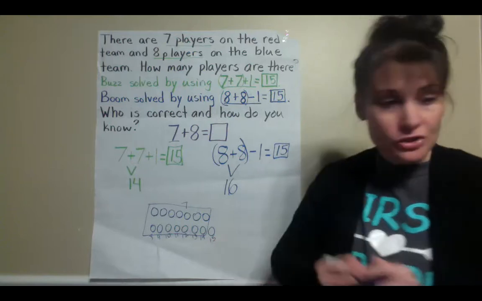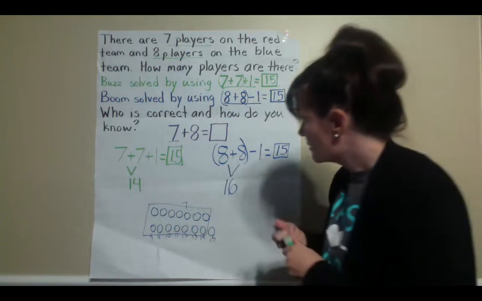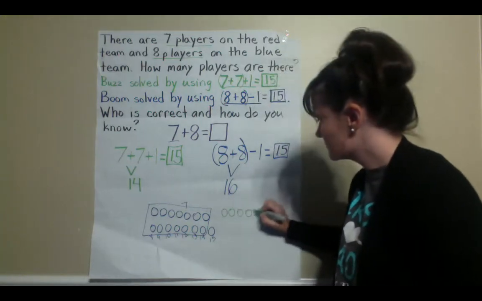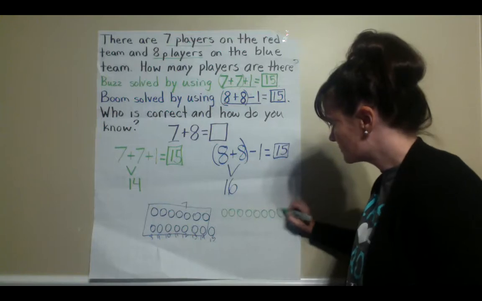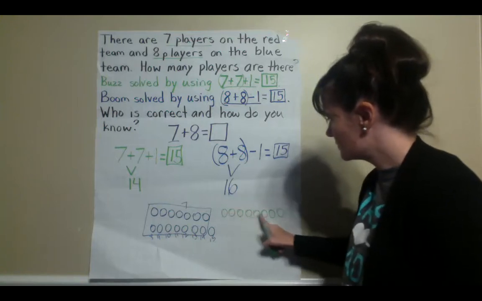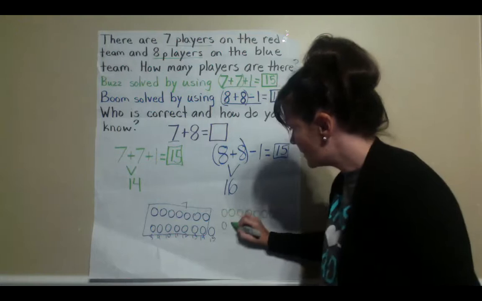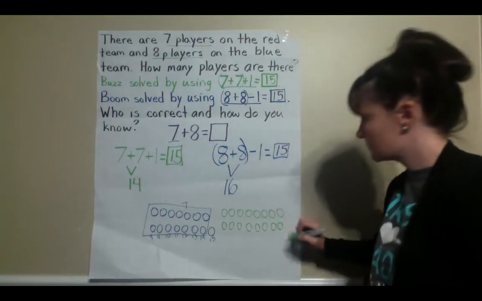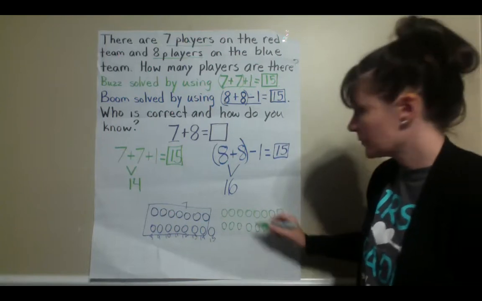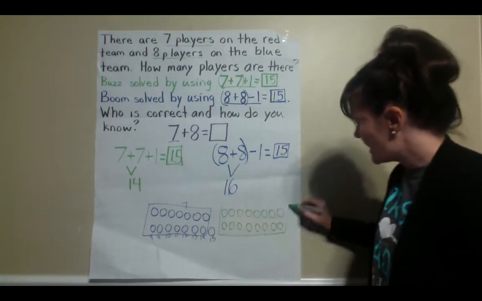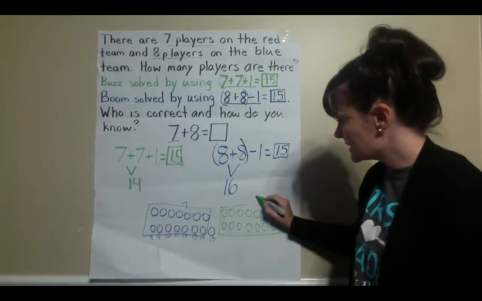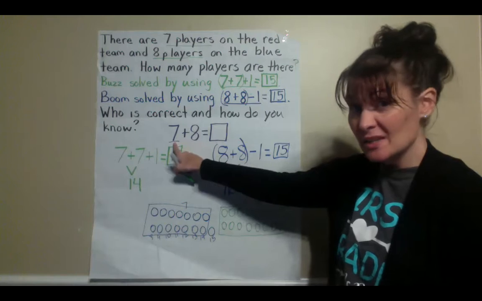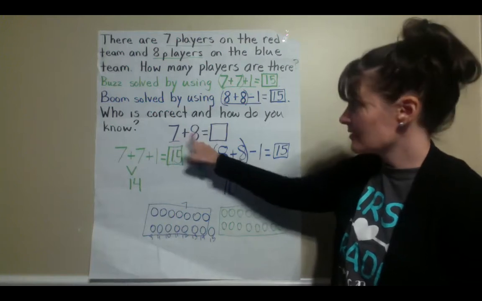I can also show that with 8 plus 8. And then another 8. I know that 8 plus 8 is 16, but that 7, it wasn't 8 plus 8, it was 7 plus 8.